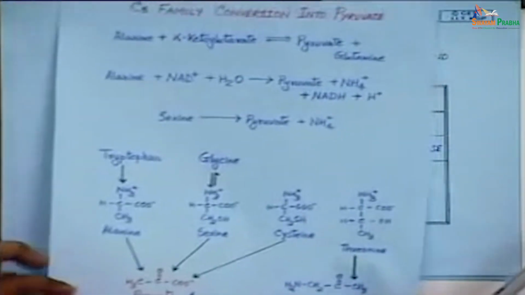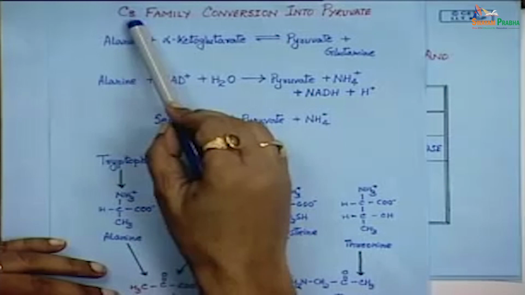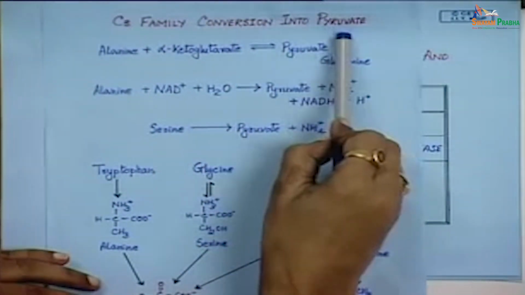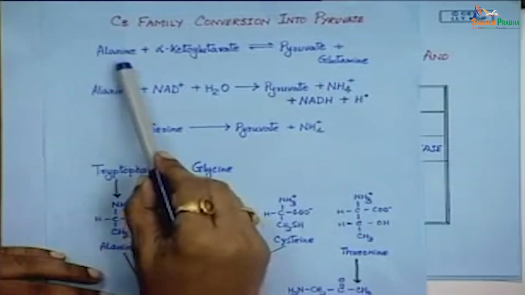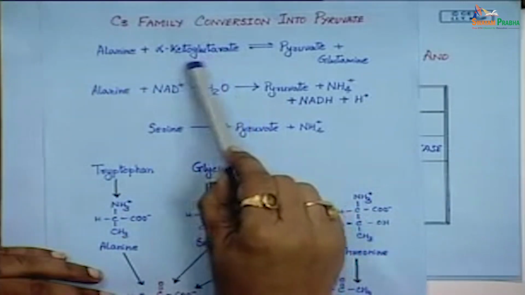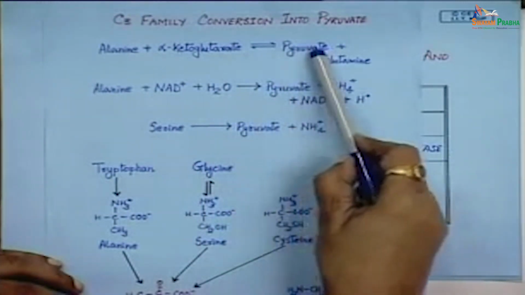These are the enzymes. And if we see the C3 family conversion to pyruvate, we can find that alanine and alpha ketoglutarate produce pyruvate.